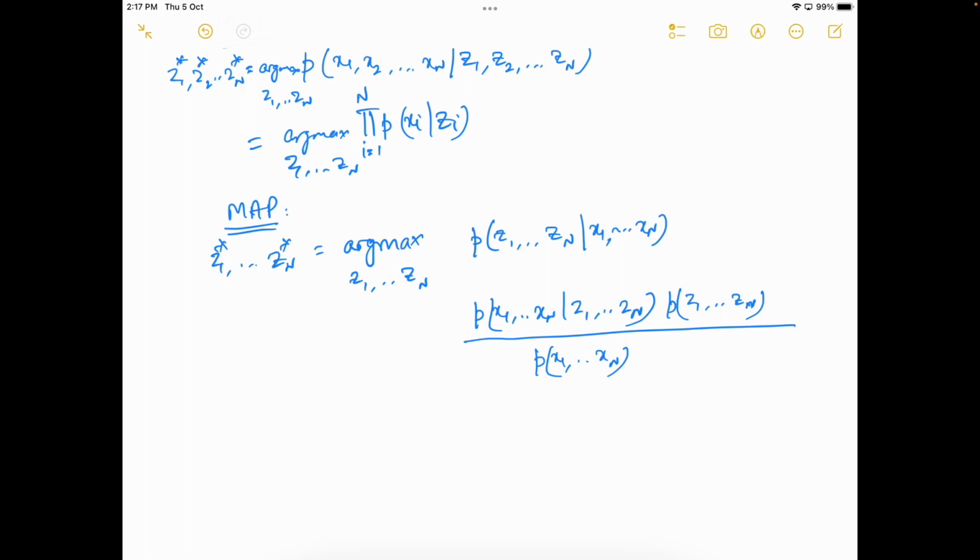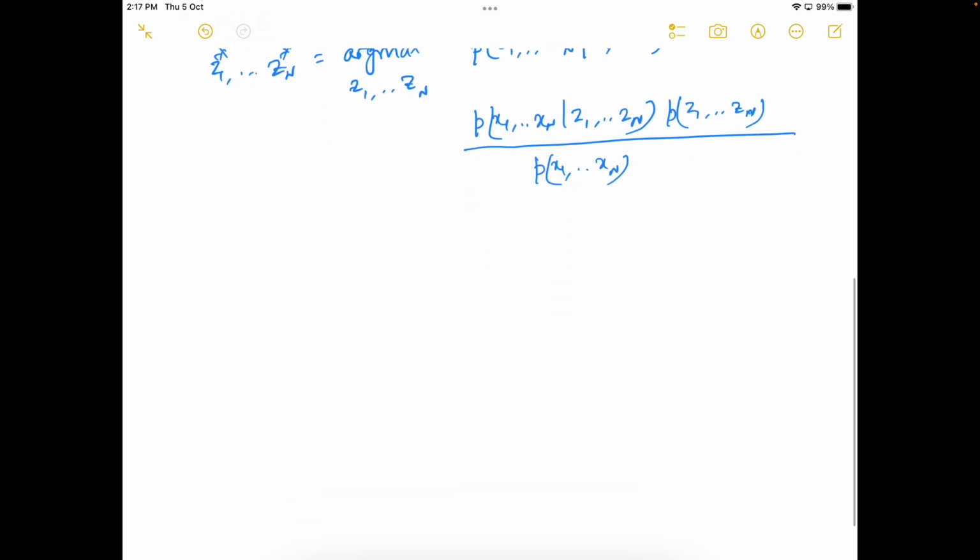Now can we simplify? This whole thing, this term we have seen before. Can we write it like that? Product, i equal to 1 to n, of P of xi given zi. So this term is done. What about the second term, P of z1 to zn?